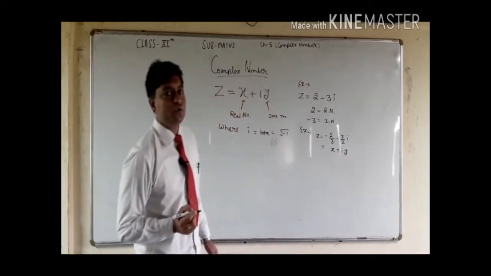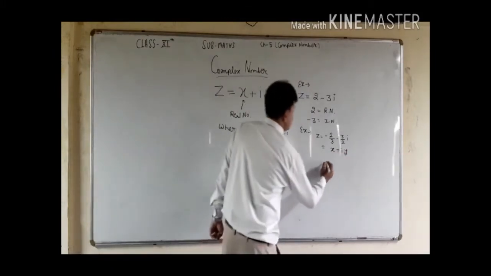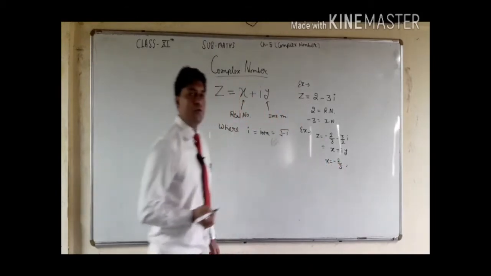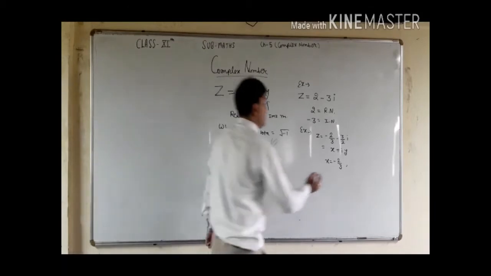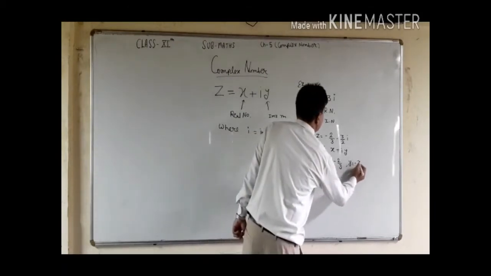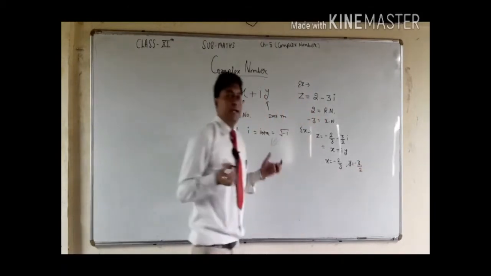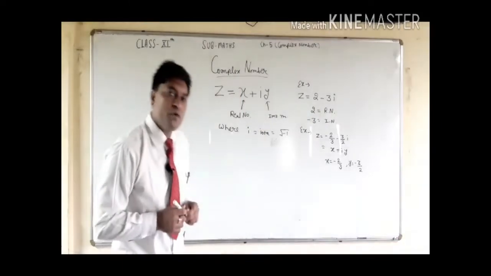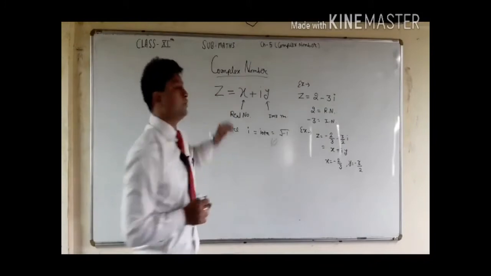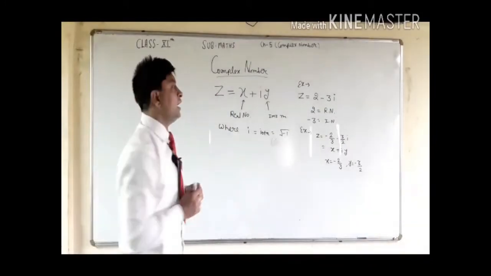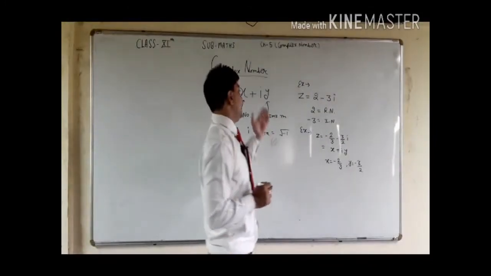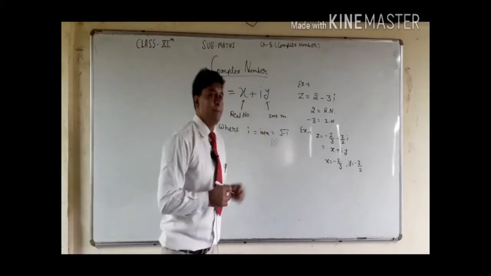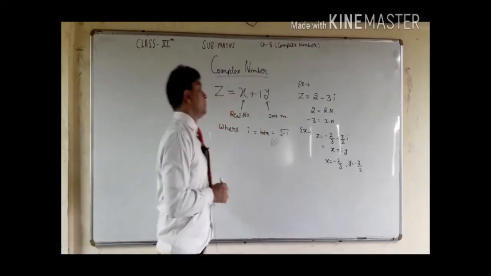So the value of x is minus 2 upon 3 and the value of y is minus 3 upon 2. So the complex number is in the form z equal to x plus iota y, where x is the real number and y is the imaginary number. Okay students?